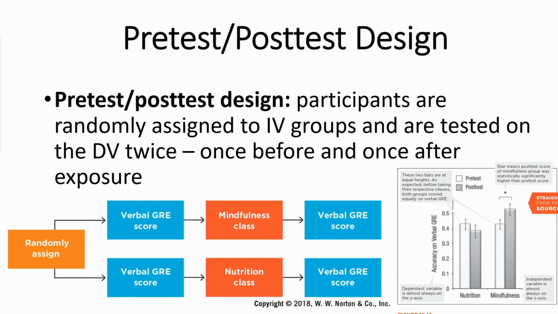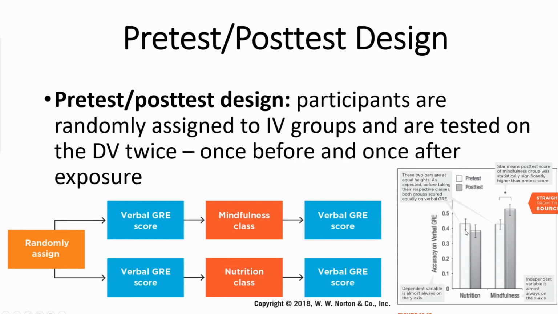And so here we would set up our statistics to ask the specific question of, did the group improve on their scores between the before and the after? So did going to a mindfulness class help them perform better on this task? So our nutrition group has the 2 bars very, very close together.